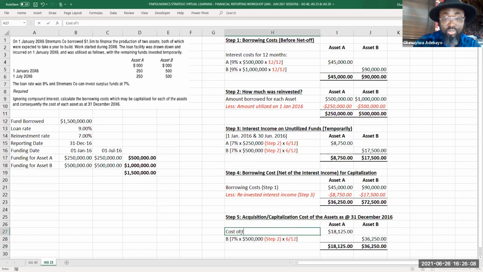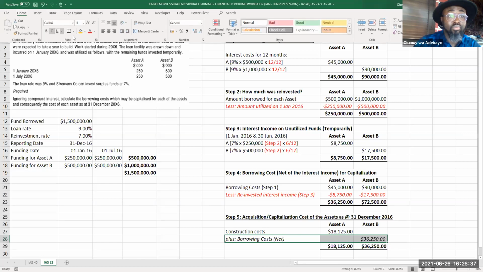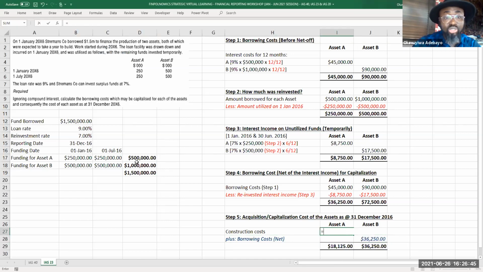It is a cost, construction cost, plus borrowing costs or net borrowing costs, as the case may be. Now, what is it? Construction cost, remember, 500 for A and 1 million for B. While the net borrowing cost is from step 4, which is this and this. Let me refer step 4.